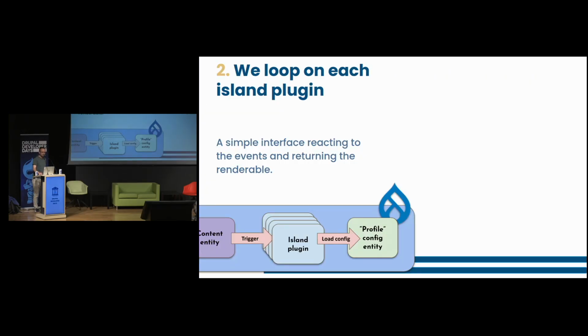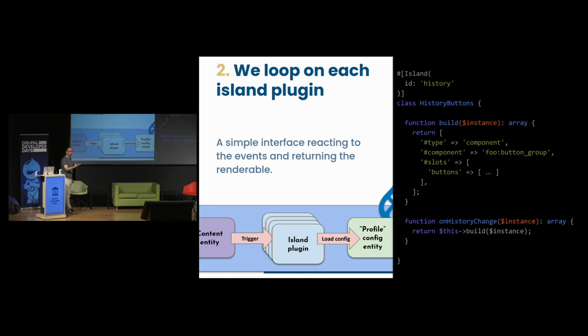So it's very cool. We loop on each island plugin, and we ask them, something happened in the server state, do you want to be updated? And those plugins are very simple. They have a build function to build themselves according to the state. Instance is a state.